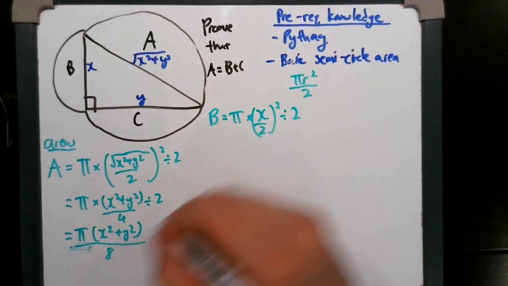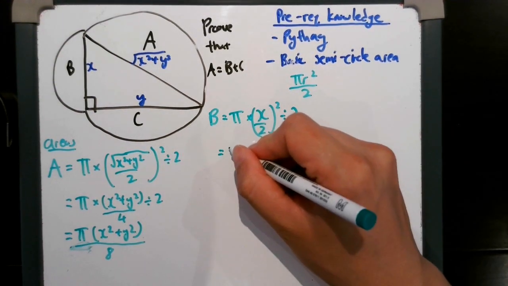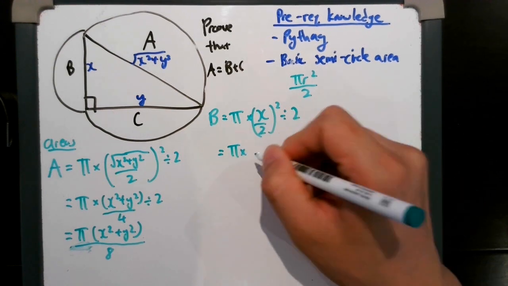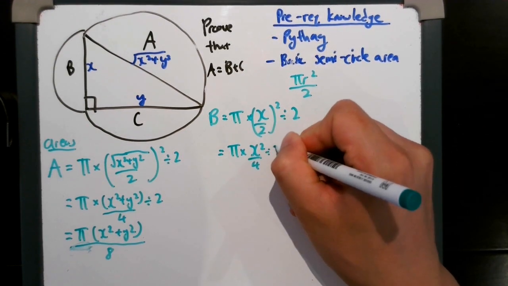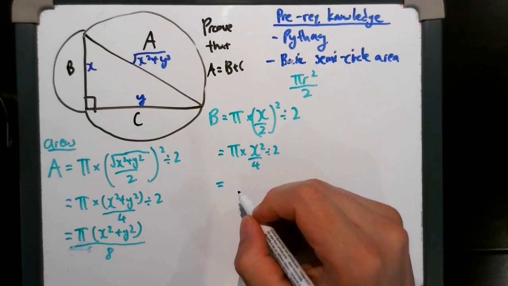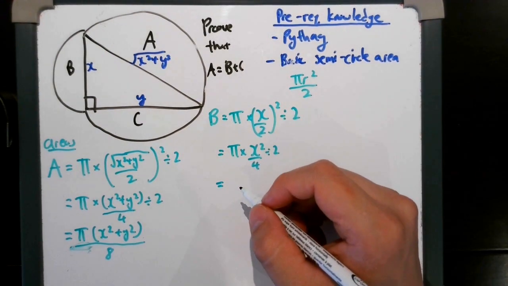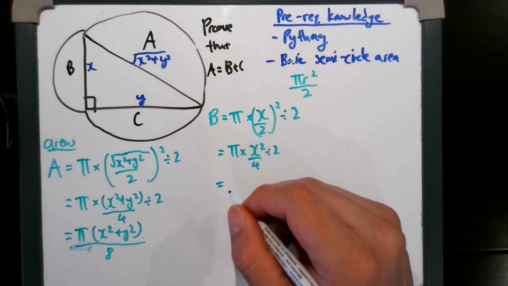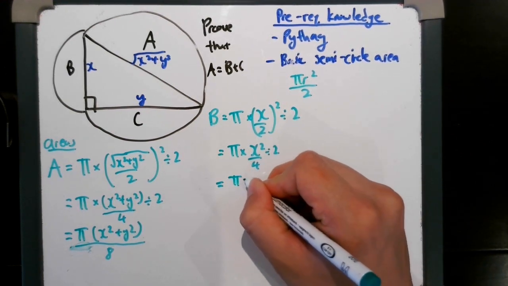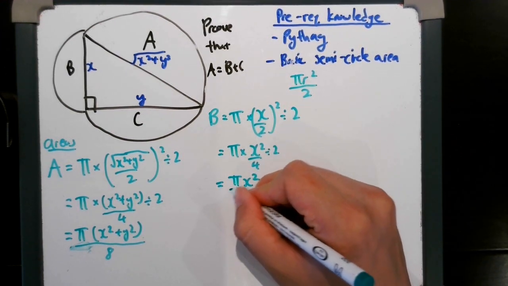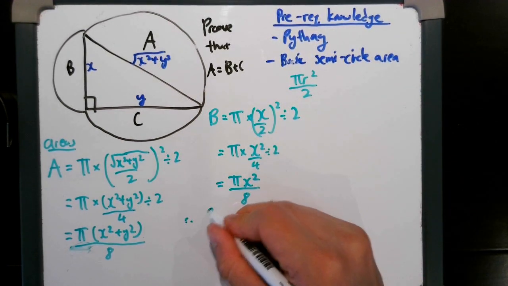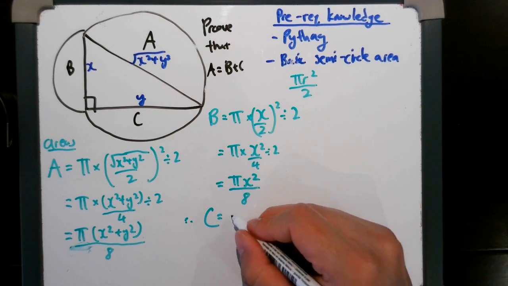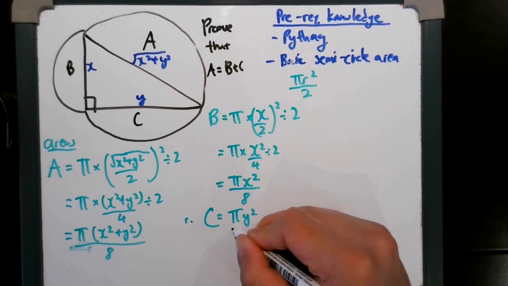So the area of B is pi times x squared over 4 divided by 2, and if you simplify that, that becomes pi x squared over 8. Hopefully that's clear. So therefore, the area of C is just replace the x with y, so it's that.